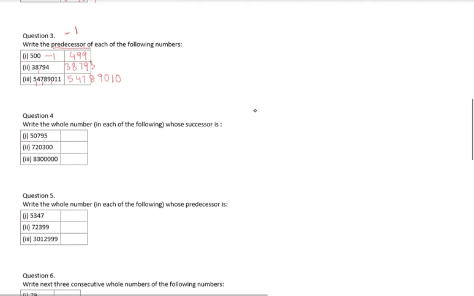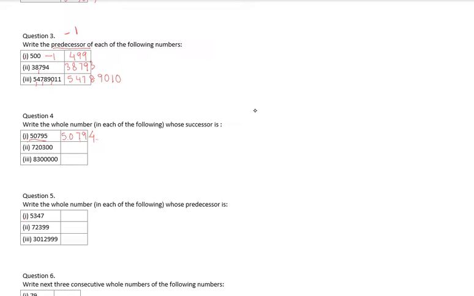Question number 4 is write the whole number whose successor is given. So I have to write a number whose successor this is. So in fact I have to find the predecessor. 50,794 is the number whose successor is 50,795. Then the next question is 7,20,300.